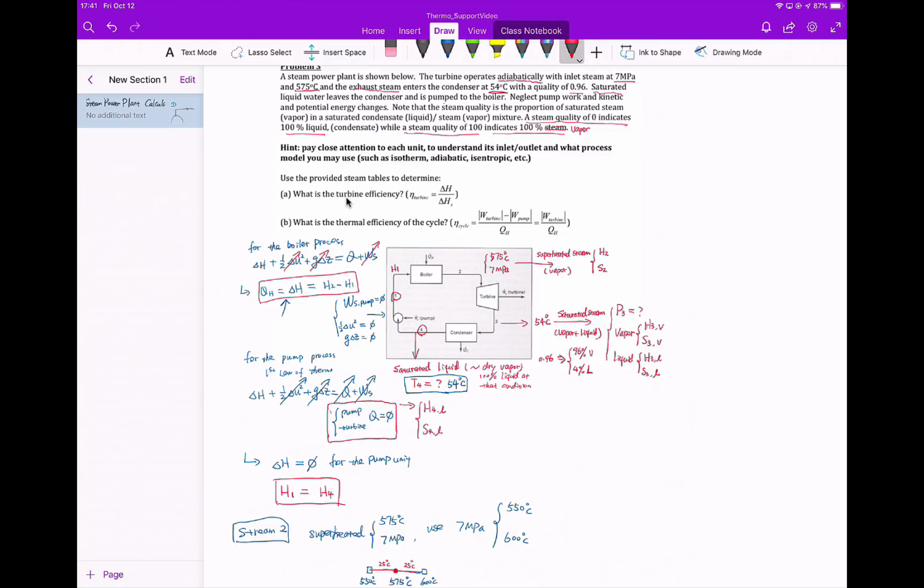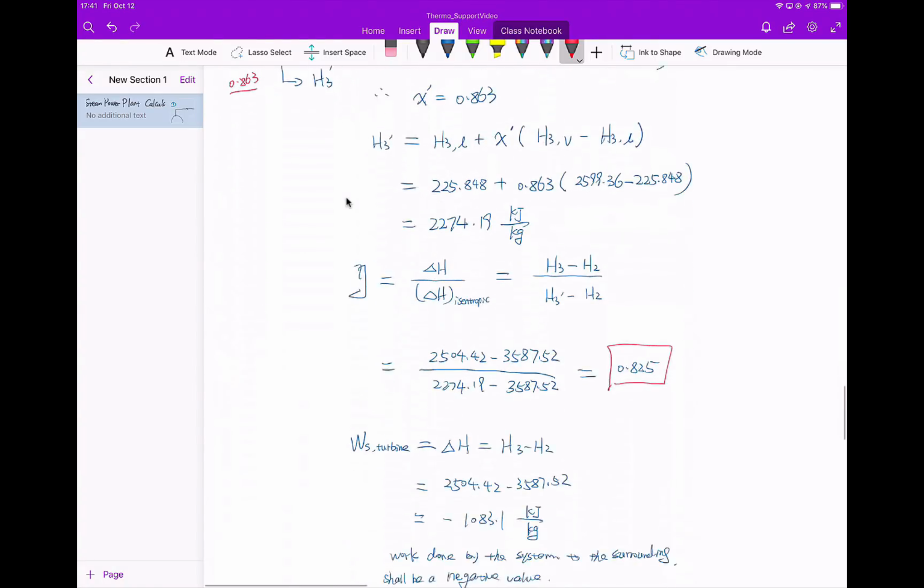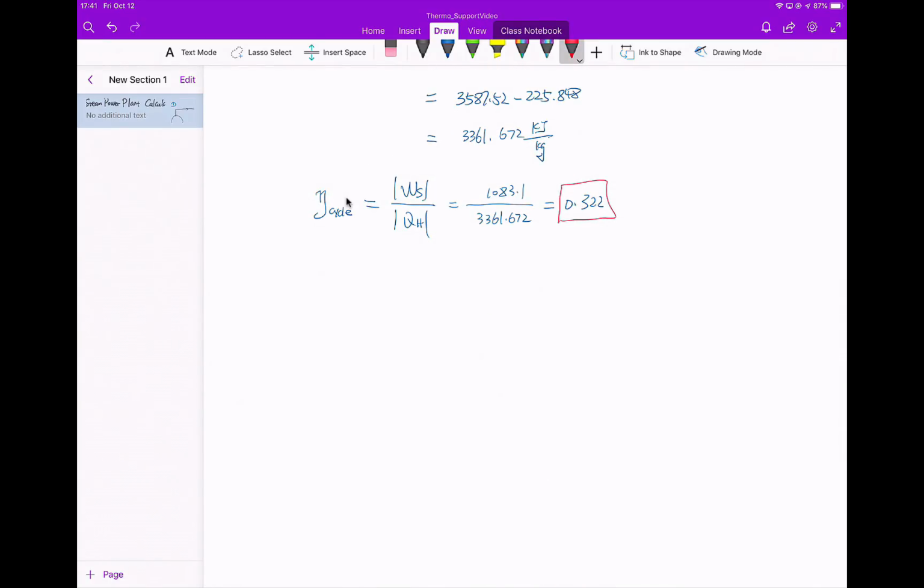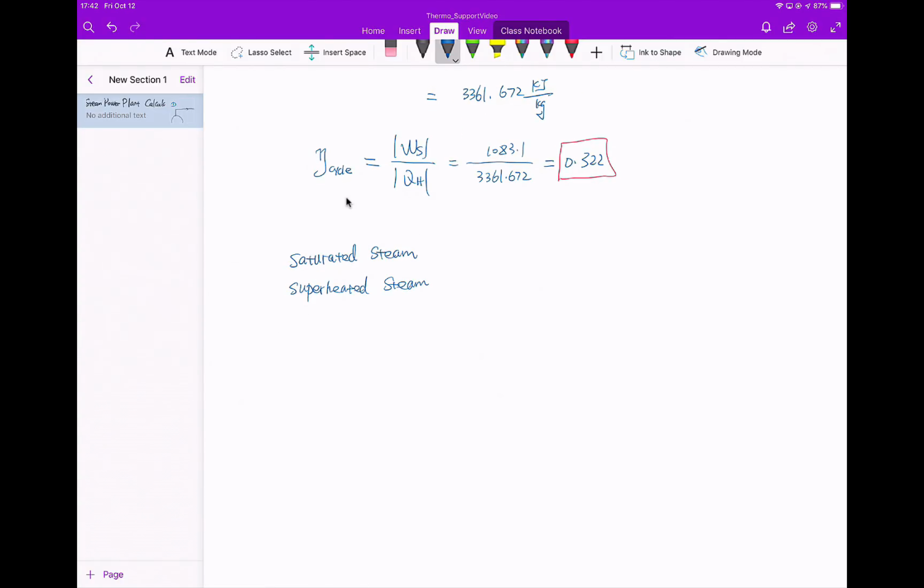all sorts of units, all sorts of tables, and we probably need to understand this as again, I want to repeat, we are going to have a saturated steam, we are going to have a superheated steam, we are going to have dry steam.